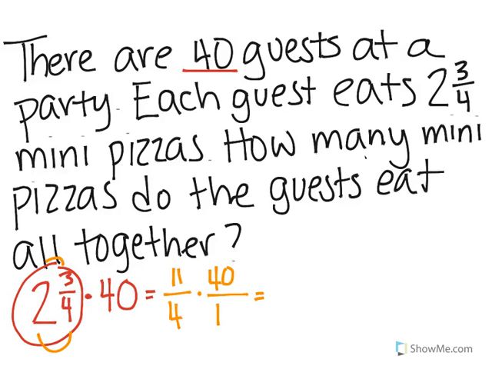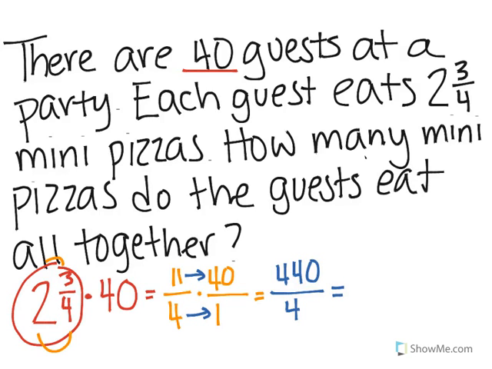Now we just multiply straight across. Here's an easy way. If 11 times 40 is intimidating to you, you can do 11 times 4, which is 44, and then just add the 0 on the end. So 11 times 40 is 440, over 4 times 1 is 4.